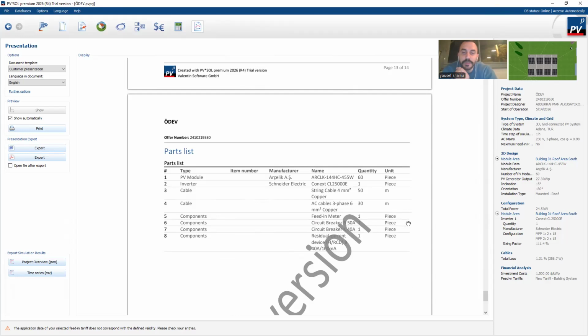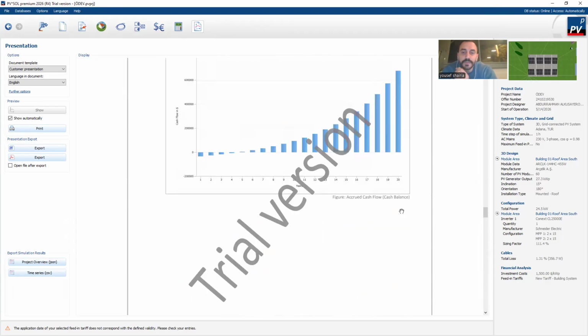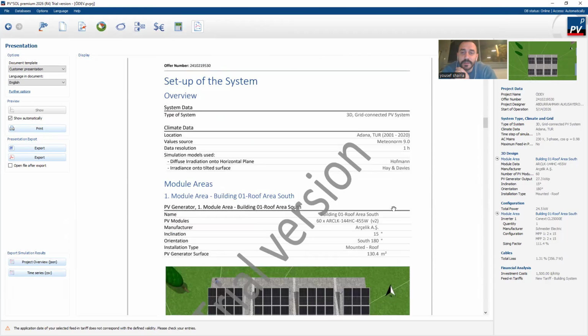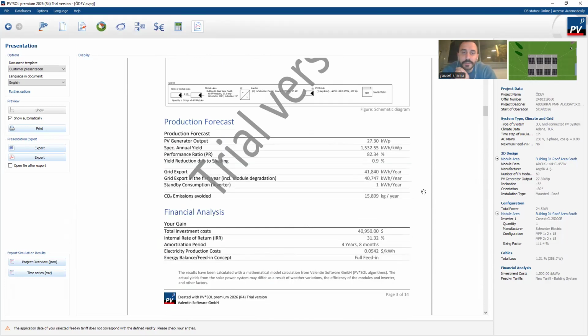Okay, now we will return to page number 3. To summarize this project, we designed a 27.3 kilowatt peak three-phase grid-connected solar PV system for a commercial building in Adana, Turkey, using PV Sol Premium 2026 software.